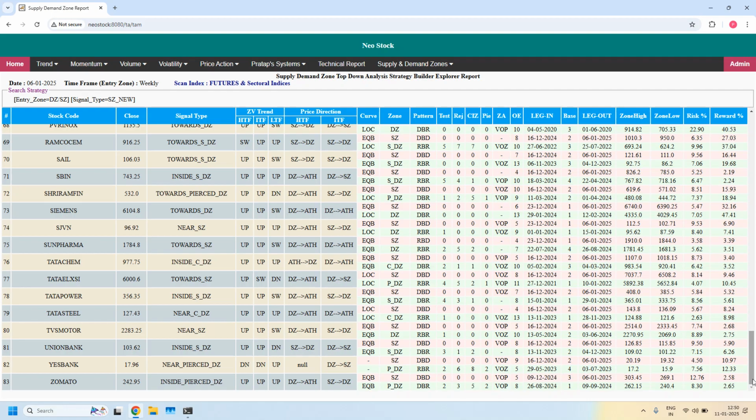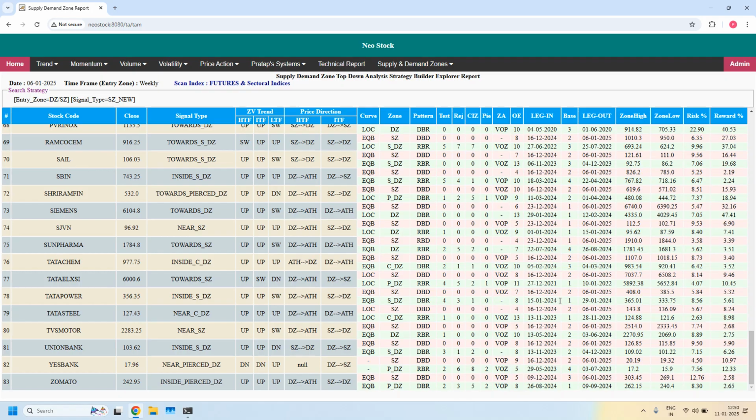All these are in the F&O list, except 4 or 5 indices. Remaining all are equity stocks. In this list, you have 83 stocks with newly created supply zones. In this, many Nifty 50 stocks might be available. Tata Power, Tata Steel, Tata Chemical, Sun Pharma, Siemens, SBI State Bank, SAIL.